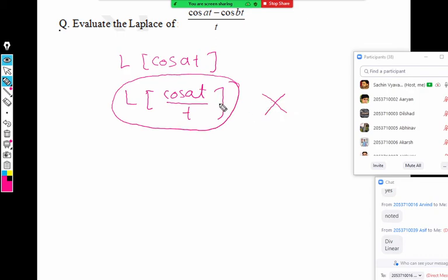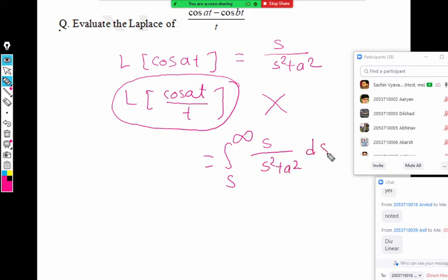You can tell me first, what is the Laplace of cos AT? S upon s square plus a square. Now the Laplace of cos AT upon t will become the integral from s to infinity of s upon s square plus a square ds. Because the Laplace of division by t is the integral of F(s) from s to infinity.